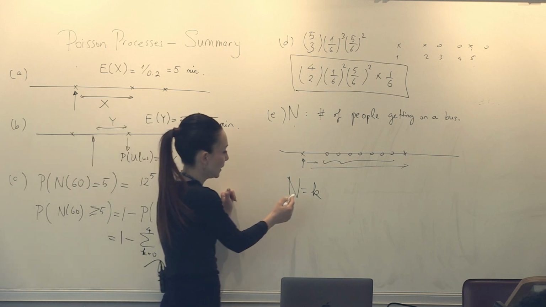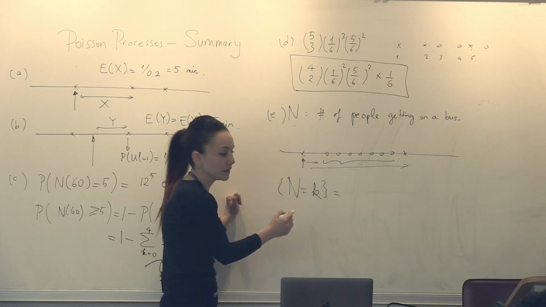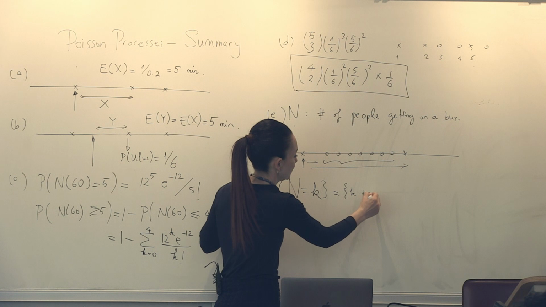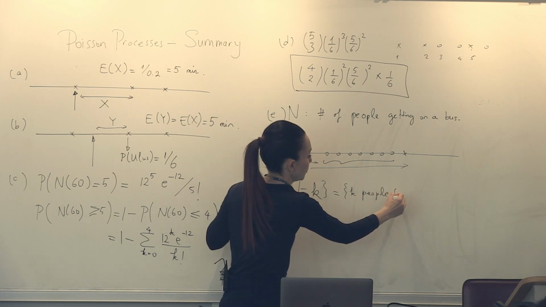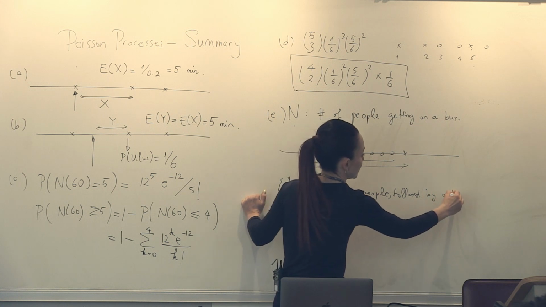So N equals k means k people followed by a bus.